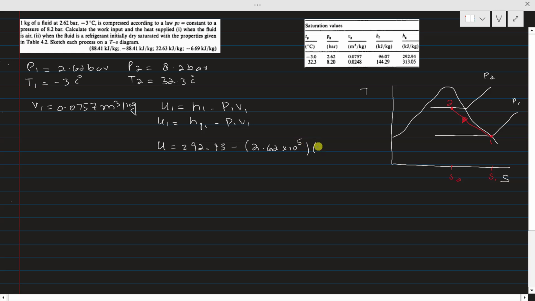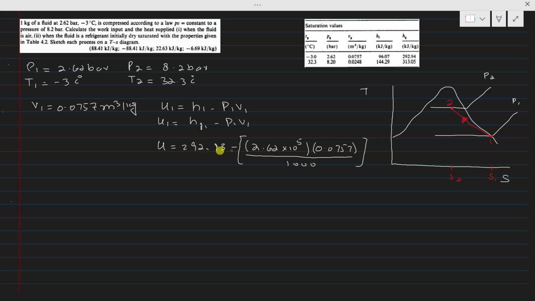Next is the volume, that is 0.0757. Now divide this whole term by 1000 to convert it into kilojoules, because this term is also in kilojoules. To convert this term into kilojoule, you must divide it by 1000.